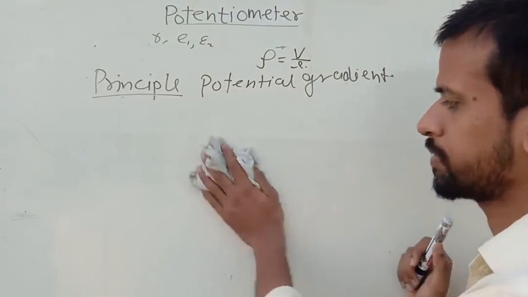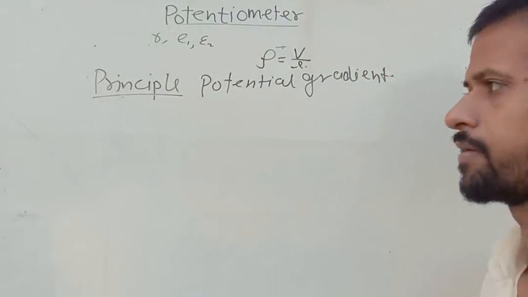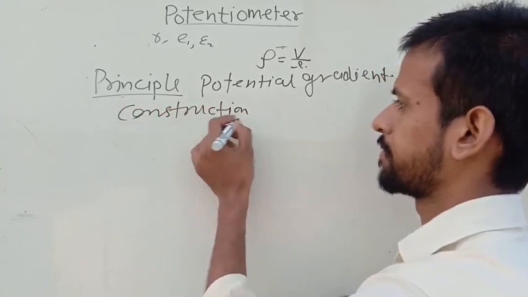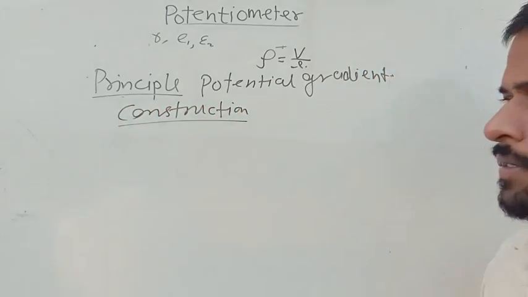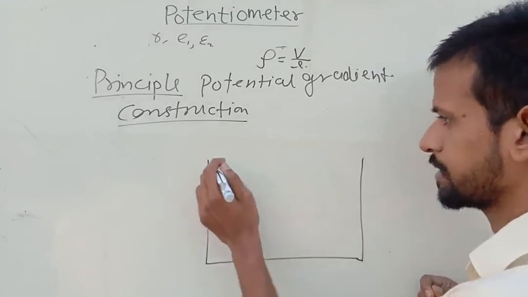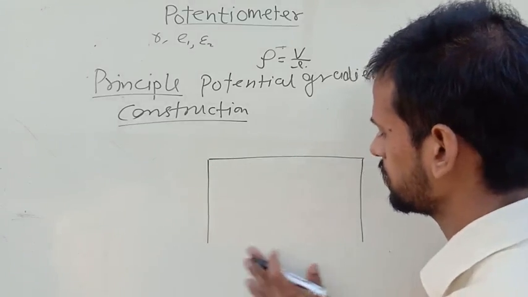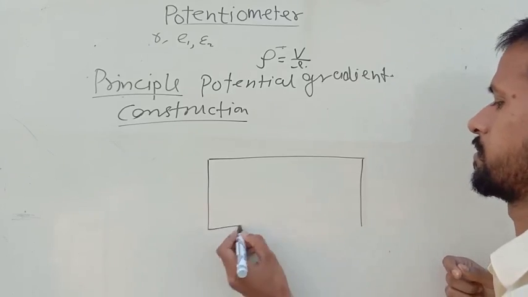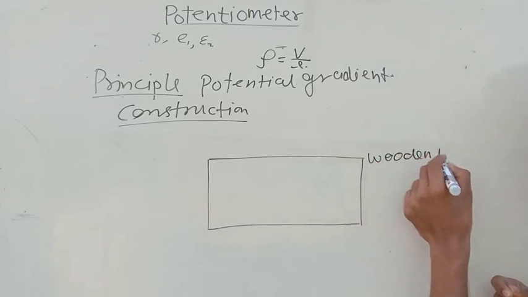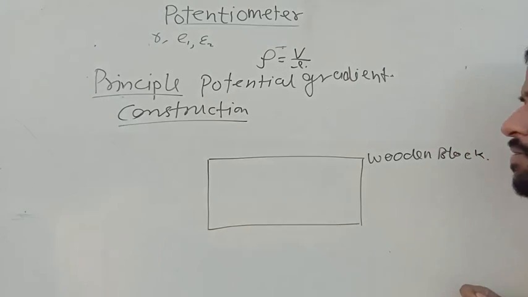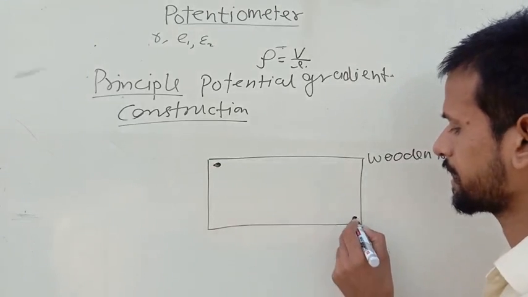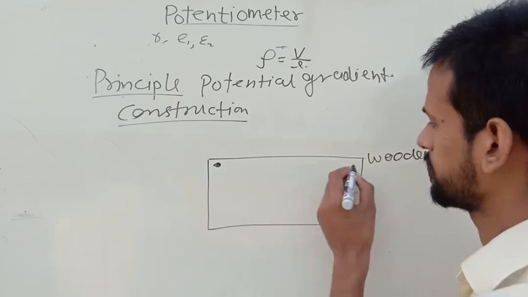Now, construction of potentiometer. It basically consists of a wooden block, and here is a screw for our connection.